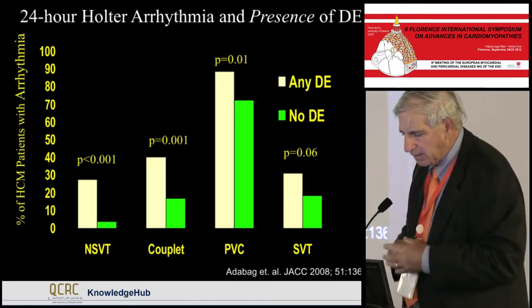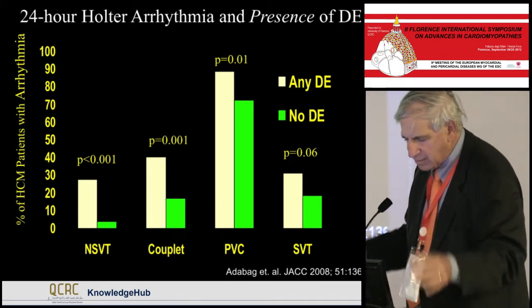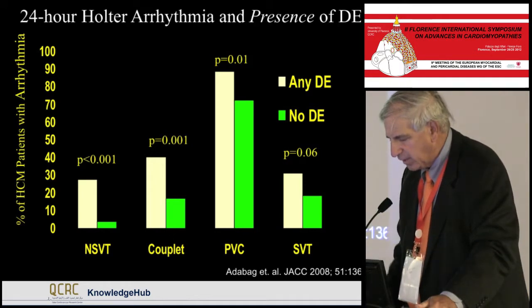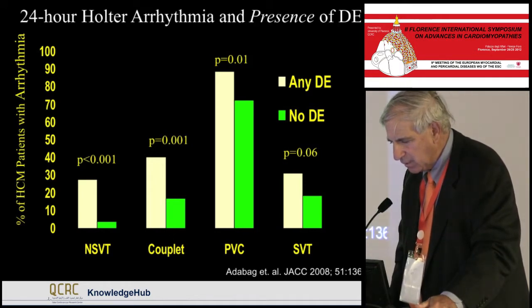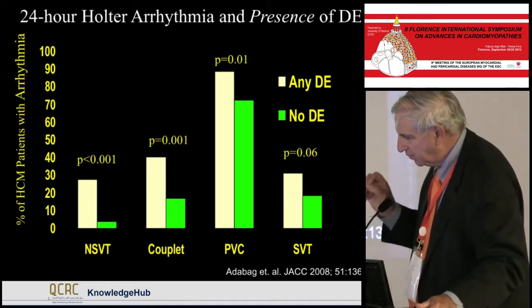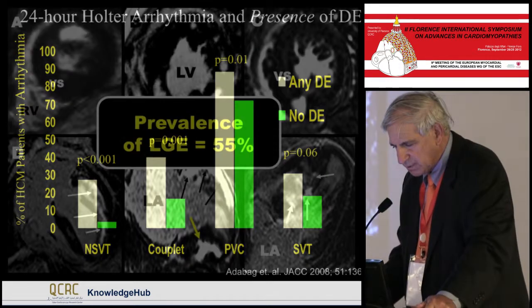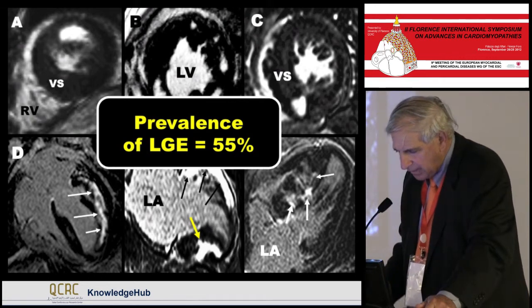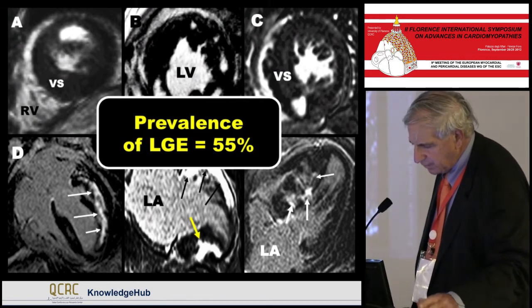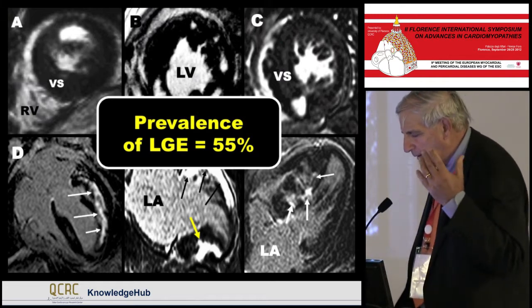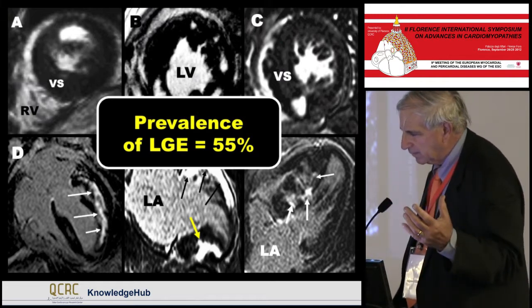So it suggests that the LGE, whatever it is, is a marker or a nidus for generating ventricular tachyarrhythmias. Don't forget, we're talking about the presence of LGE in these studies. Not how much, just that it's there. And that's really a crucial issue in using this modality because LGE is very common.